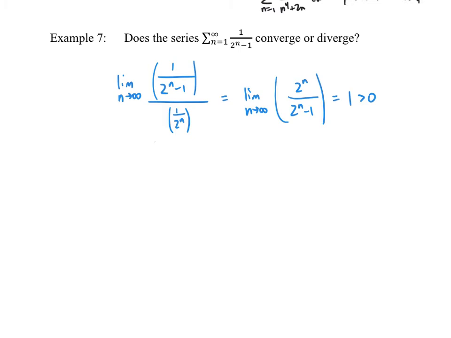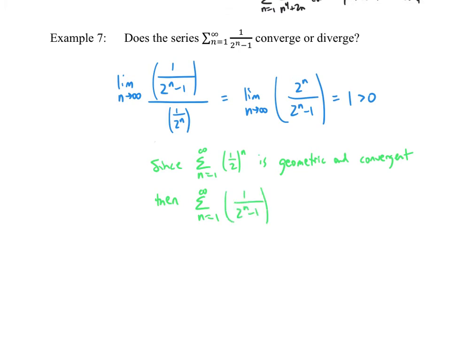And so what we can say is that since the series from 1 to infinity of 1 over 2 to the n is geometric and convergent, then the series from 1 to infinity of 1 over 2 to the n minus 1 is convergent by the limit comparison test.